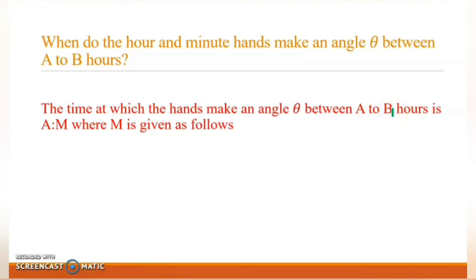If it is anything other than A plus 1, then we can just modify our formula accordingly. Now if I want to find the time at which the two hands make an angle theta between A to A plus 1, then obviously the hour in that time will be A, and we only need to find M here. So we need the formula to find M, which is given by this.